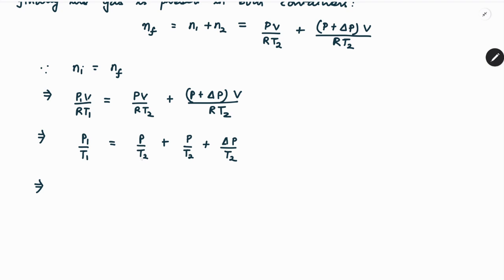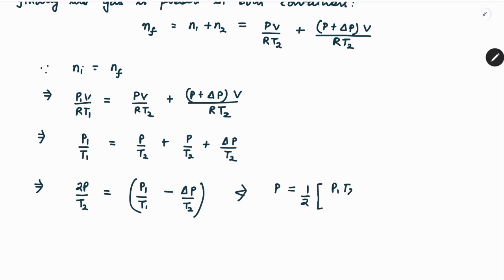So we can say P by T2 plus P by T2 is 2P by T2, and this is equal to P1 by T1 minus delta P by T2, and hence from here we obtain that pressure P is equal to half of P1 T2 by T1 minus delta P. So this is the answer to the problem that we have.